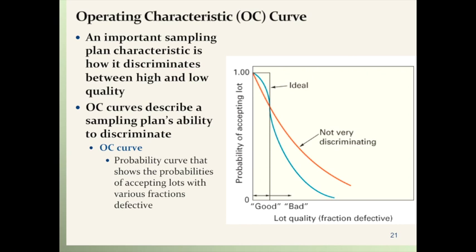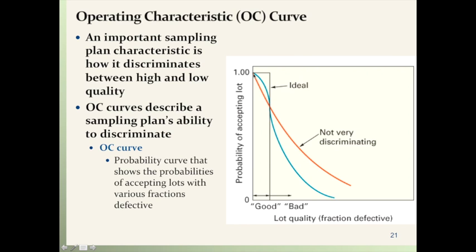So here's the operating characteristic curve. Here's an important characteristic of how you discriminate between high and low quality. This is the ideal number of samples you would have with this lot.